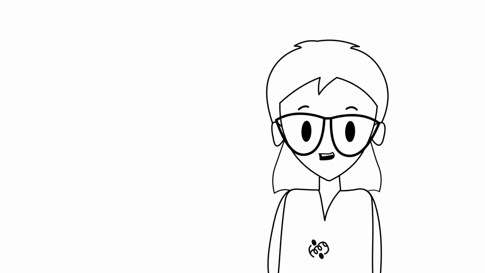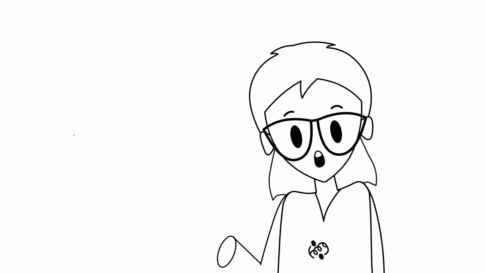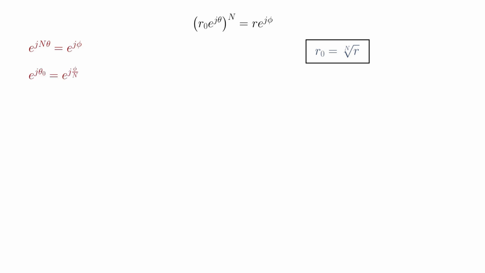I really like how a question of finding the nth roots of a complex number is all about n equal rotations on the complex plane. Anyway, we can calculate r0 as the nth root of r. Next is this term. We need to find theta. Now the vector e power j phi by n becomes quite obvious since rotating it counterclockwise n times would lead us to e power j phi.